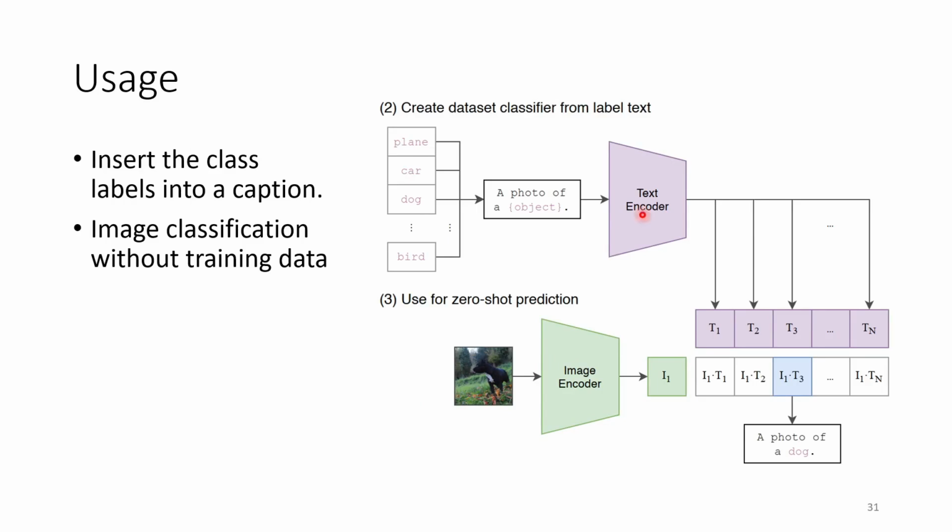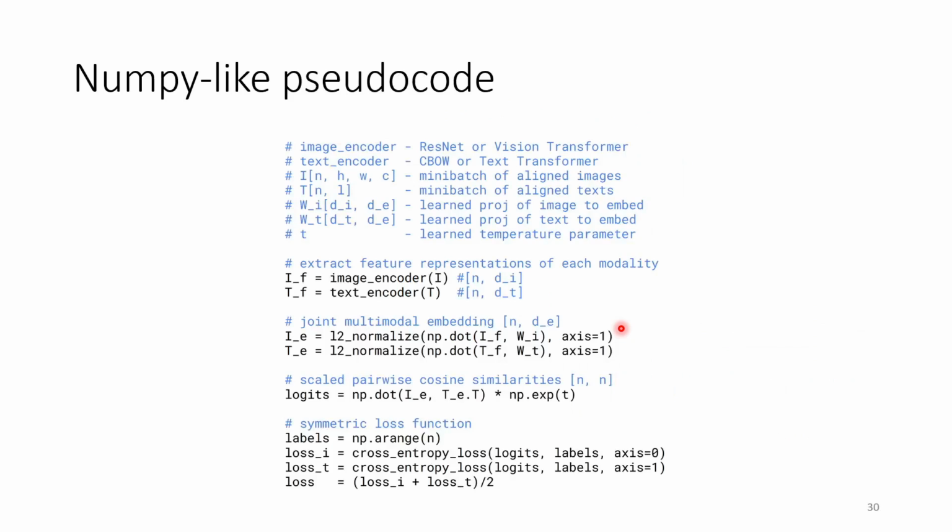Given an encoder, they didn't create a new text encoder or image encoder. What they learn is the transformation matrix, the W here.